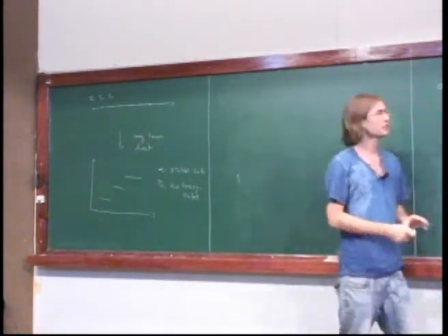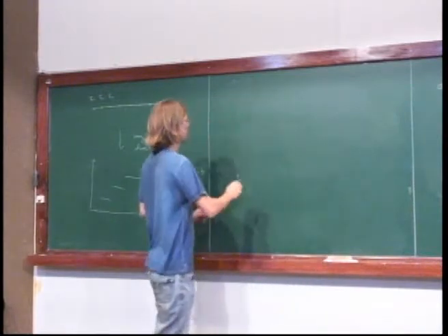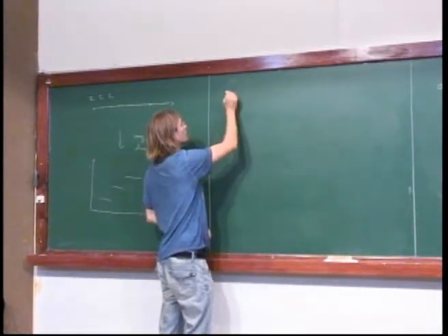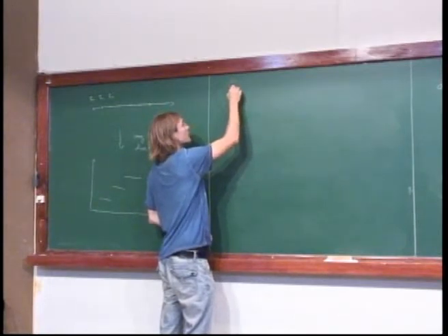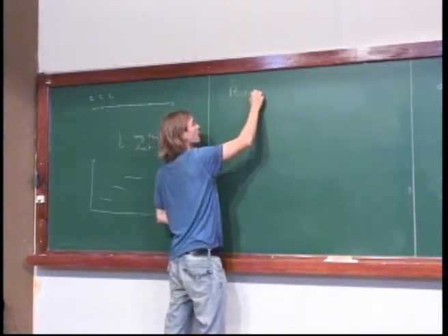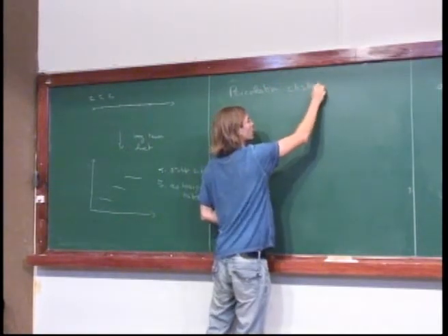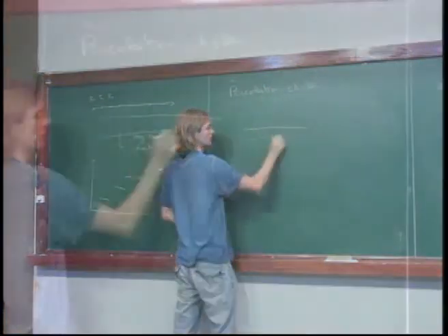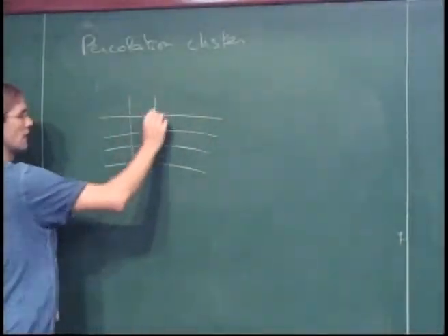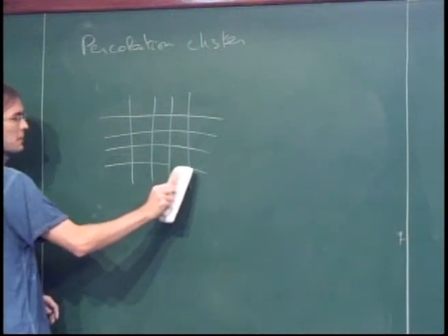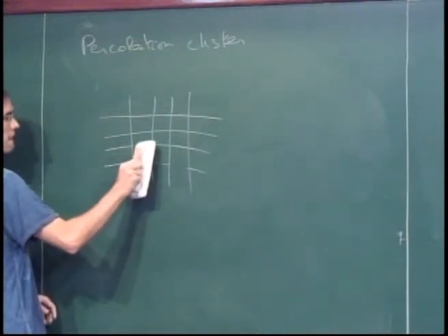Well, I'll make a very quick drawing of some other results that are obtained. If you look at the percolation cluster, you take Z^d, and you erase in an independent manner some of the edges.